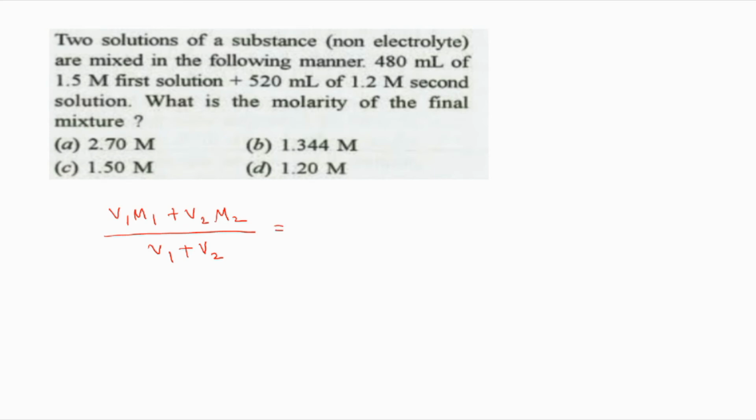So what is the volume of the first solution? That is 480 ml into the molarity, which is 1.5, plus the volume of the second solution, 520 ml, into 1.2 molar, divided by the total volume, 480 ml plus 520 ml.